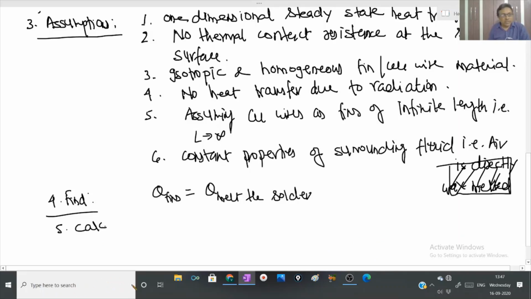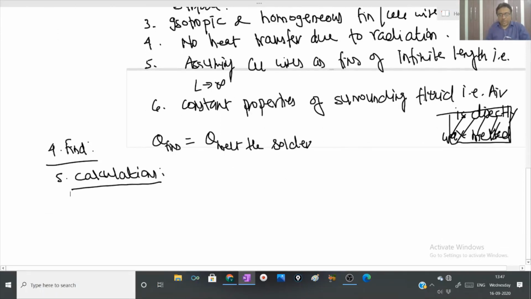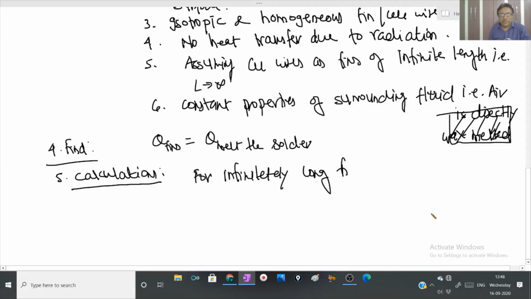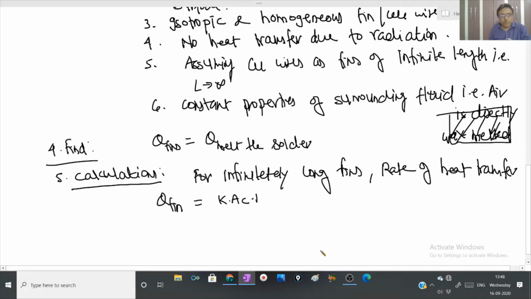Now let us do the calculations. We know that for infinitely long fins, the rate of heat transfer is given by Q = k into Ac into m into (Ts minus T infinity).